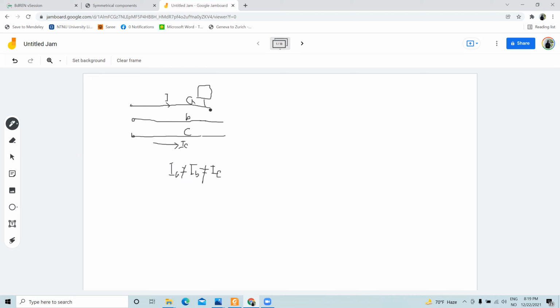So in a balanced system, if all the currents, voltages and impedances are the same, then we can actually analyze the system using a single phase analysis.